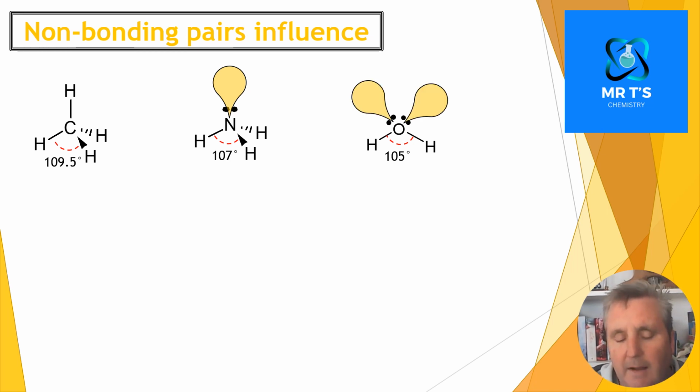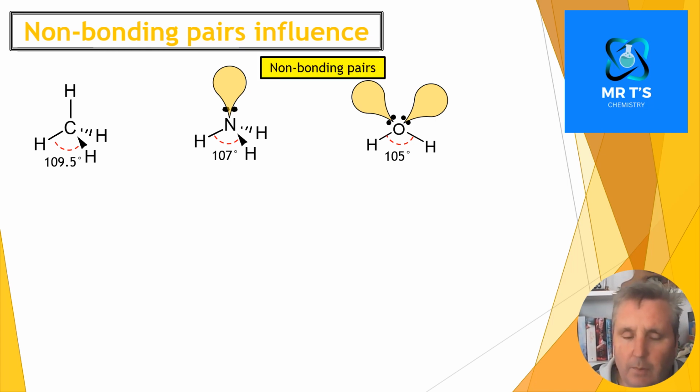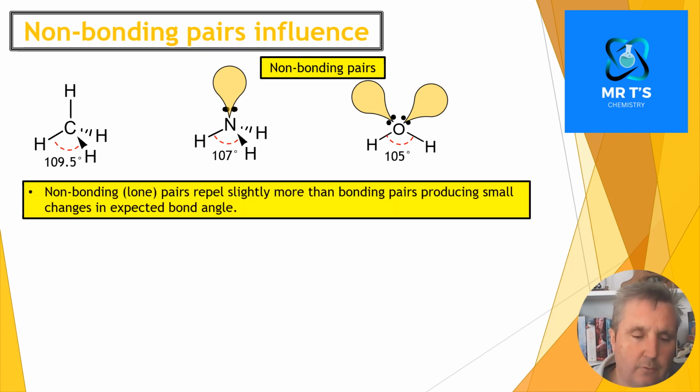But if we have 2 of them, it's a bit more, and we get 105 degrees. So these are non-bonding pairs, and they have a bigger influence on repelling than the bonding regions do. Now, we usually ignore that when we draw our shapes, but if someone asks us a specific question about this, we can justify why these angles will be a bit different.